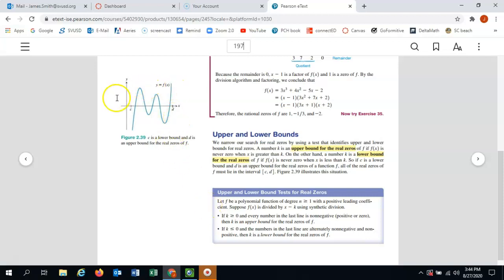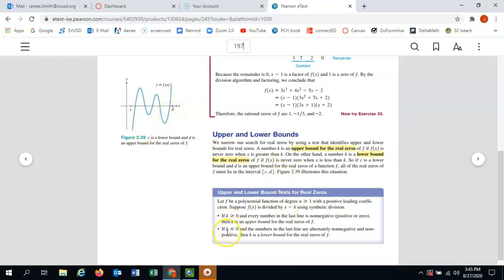So if you look at this one right here, that's what this D would represent, and this is a positive number. If all the numbers in the bottom row were 0 or positive, that makes D an upper bound, which means all of my real zeros are below this number.